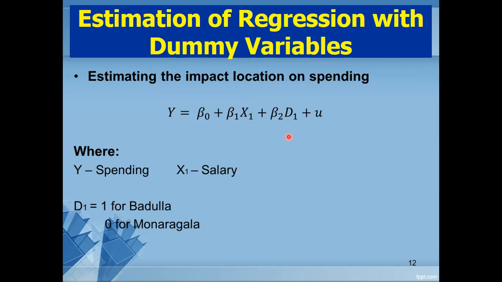Focus on the dummy variable. This is a locational dummy, because we have considered that in this Uva province there are two districts, Badulla and Monragala, and I have assigned 1 for Badulla and 0 for Monragala. Since I have assigned 0 for Monragala, Monragala is the base category or the reference group.